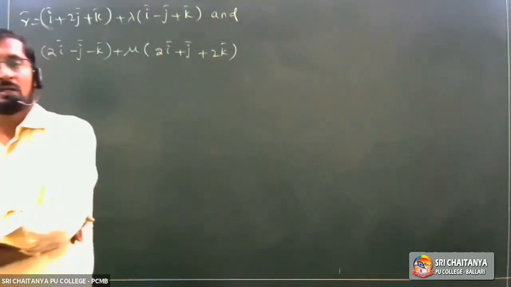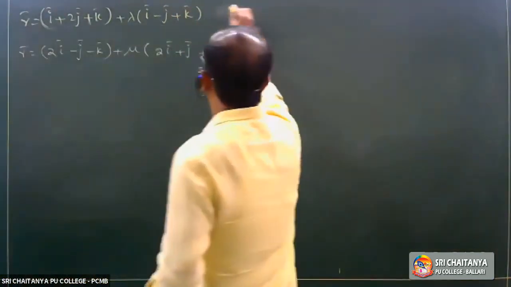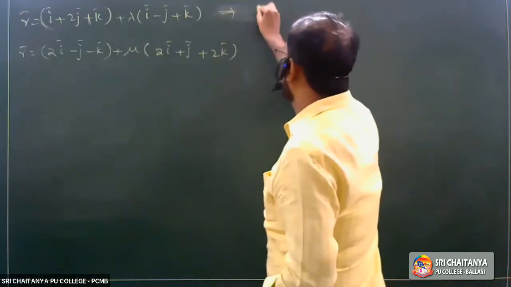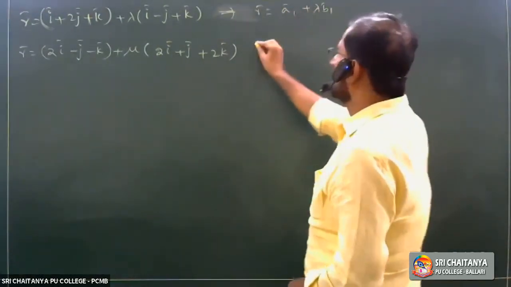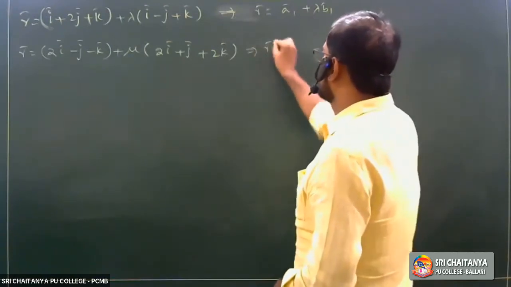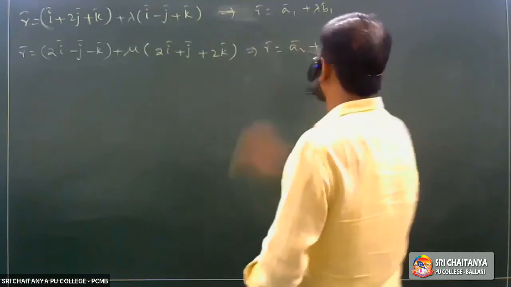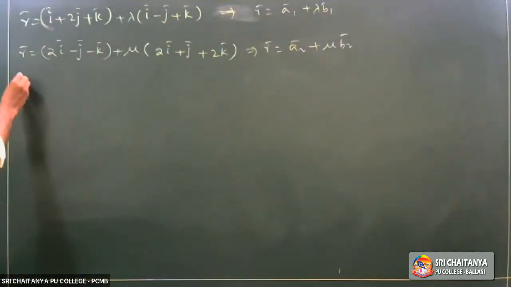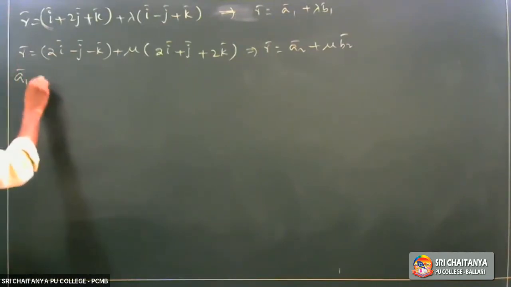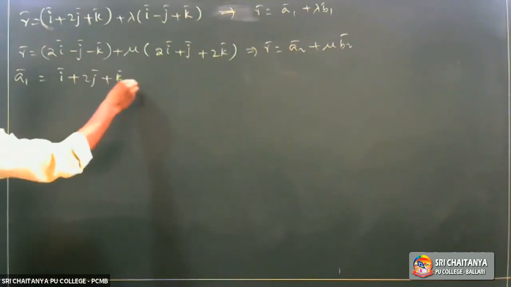You initially consider the given two lines, comparing the first line with R bar equals A1 bar plus lambda B1 bar, and comparing this one with R bar equals A2 bar plus mu into B2 bar. From this, you get A1 bar equals i plus 2j plus k.